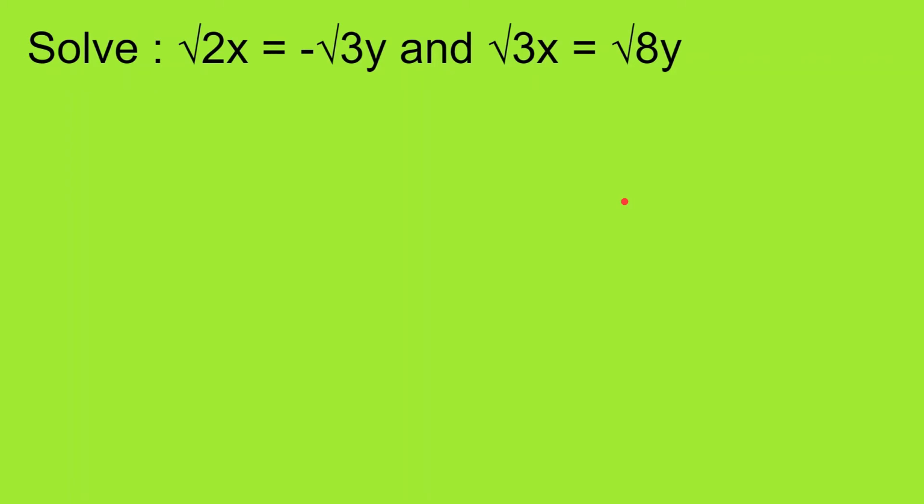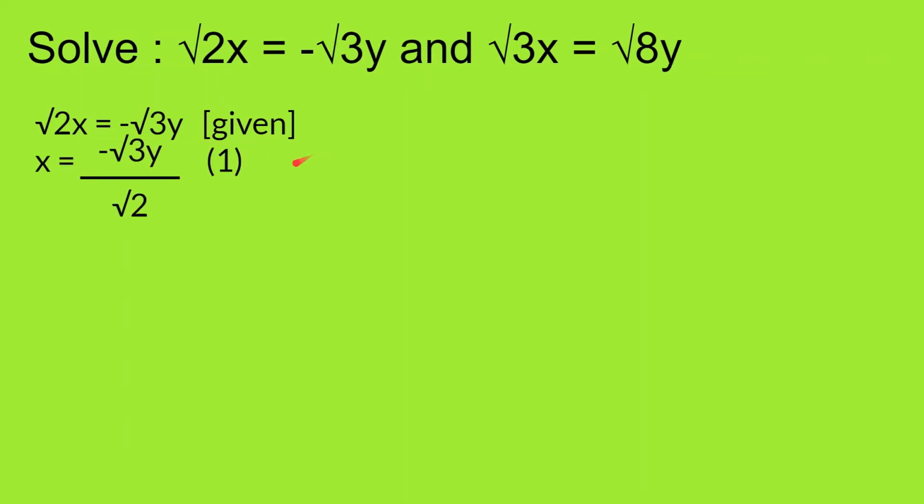So first, instead of converting this into ax plus by is equal to c, we can directly divide both sides by root 2. So we'll get the value of x in terms of y like this. First we have this as given and then like this. So x is equal to minus root 3 times y upon root 2, which is our equation 1, which we'll use later.